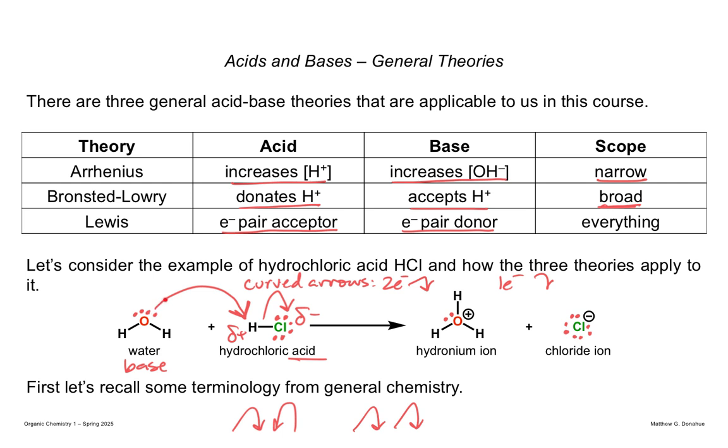In the Lewis sense, the hydrogen, this is where it's a little bit confusing. So this acid is accepting that lone pair. Additionally, the counter ion, the chloride, it's accepting that lone pair from the sigma bond. The base, it's donating that lone pair. So that lone pair is being donated. The acid is accepting it.